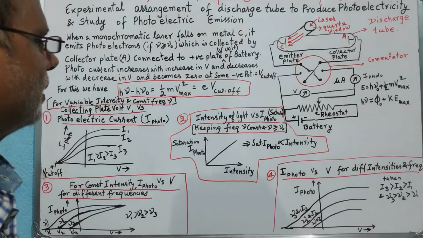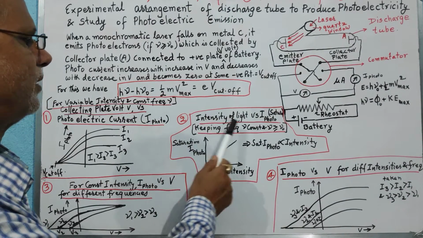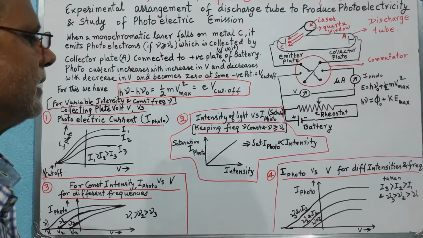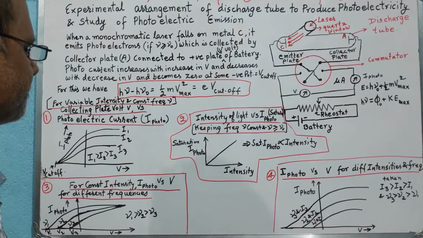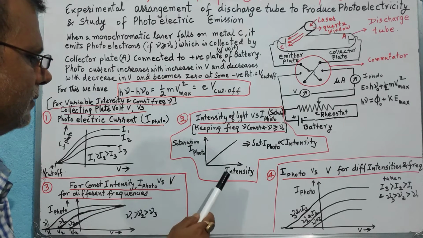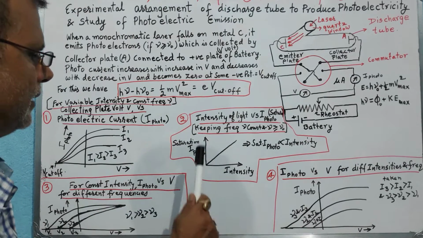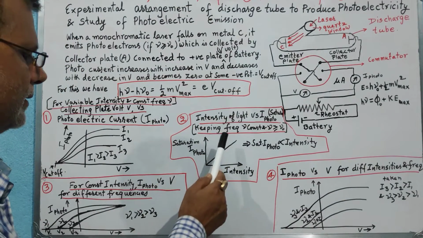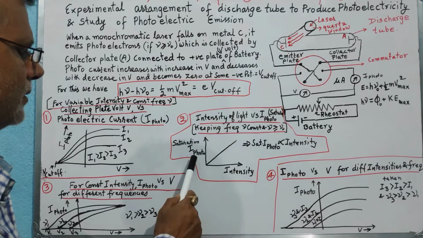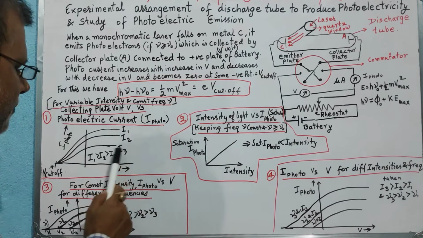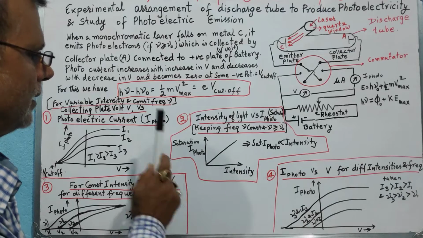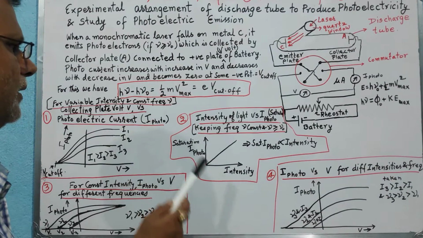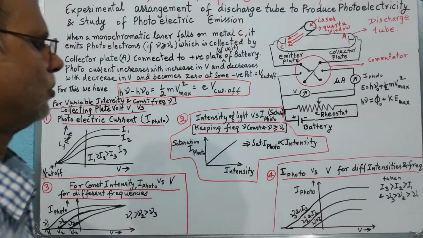Now second, we talk about the graph for intensity of light versus saturation photocurrent. When you increase the intensity, the saturation current increases linearly. So when the intensity is increased, the saturation current also increases, keeping the frequency constant.